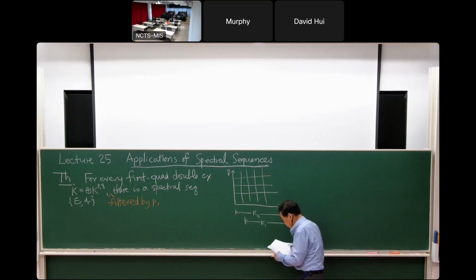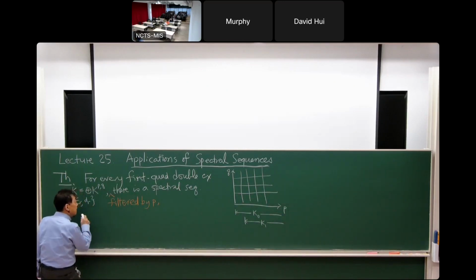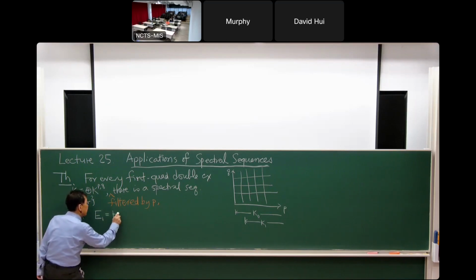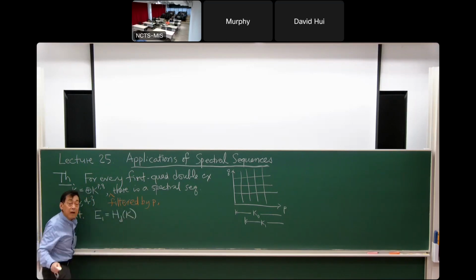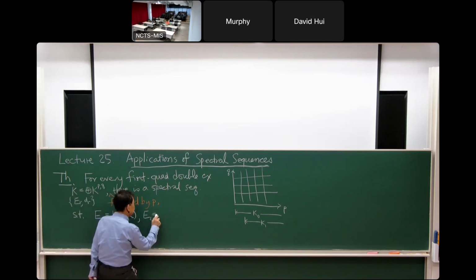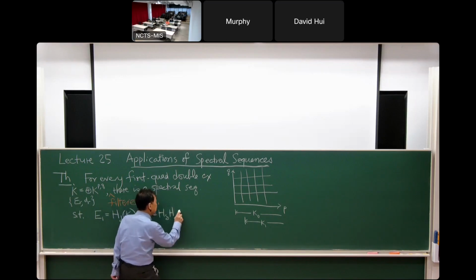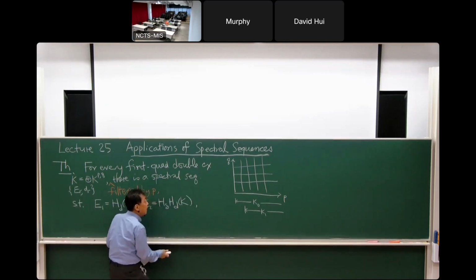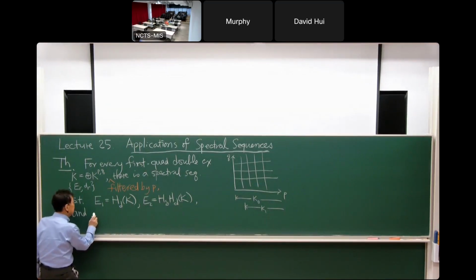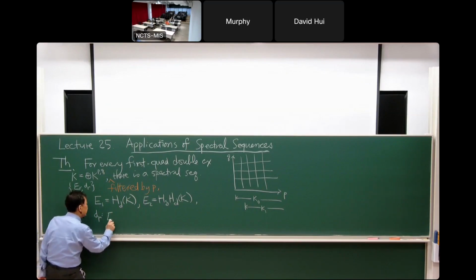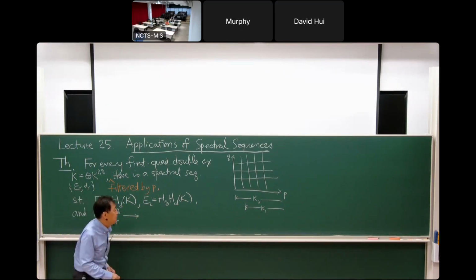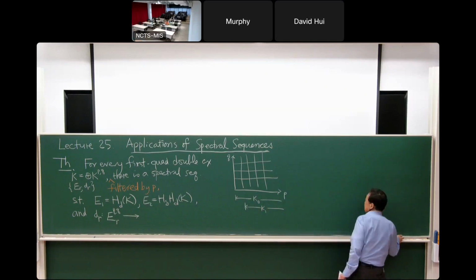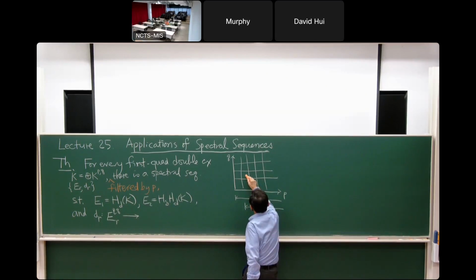there's a spectral sequence such that E_1 is H_D of K, and E_2 is H_delta H_D of K. And d_r goes from E_r^{p,q} to, okay, so remember that in E_2, d_2 goes down by 1 and goes across by 2.